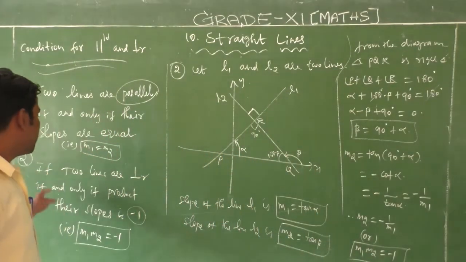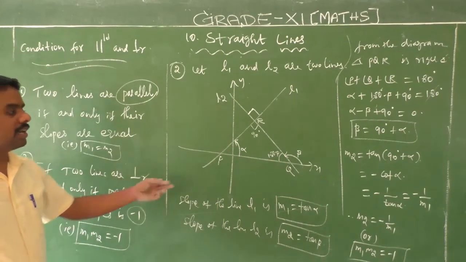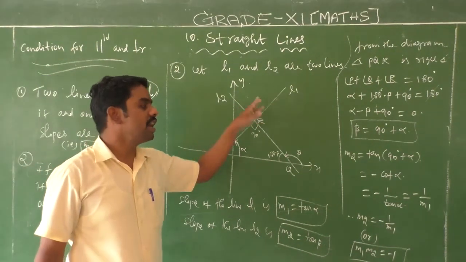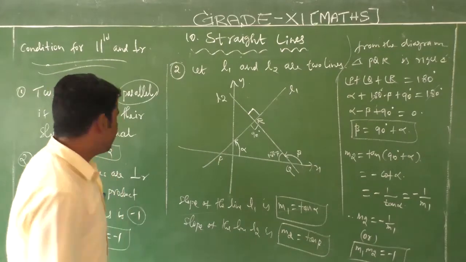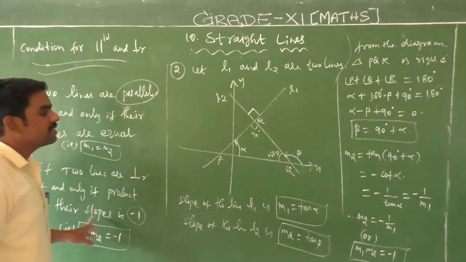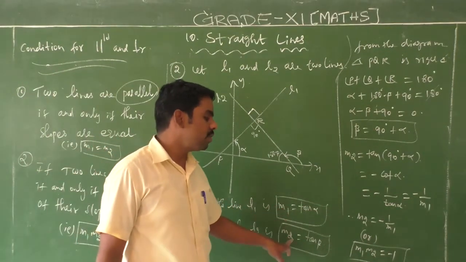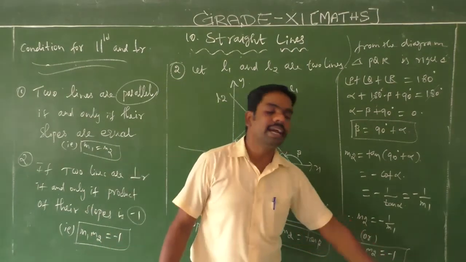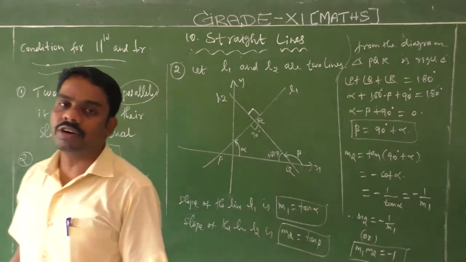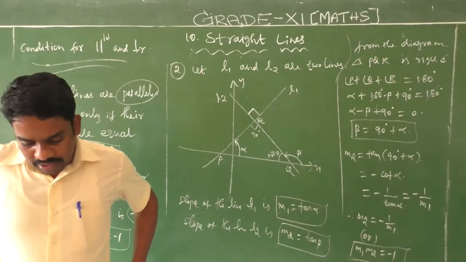So therefore, if two lines L1 and L2 are perpendicular to each other, then the product of the slopes M1 into M2 is equal to minus 1.